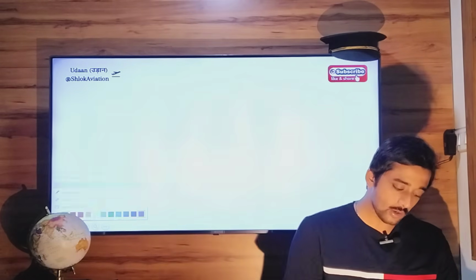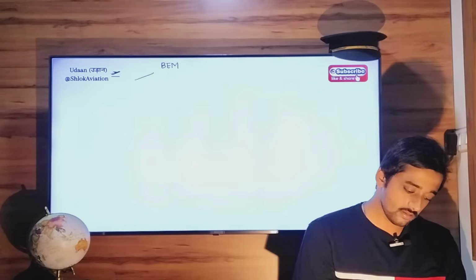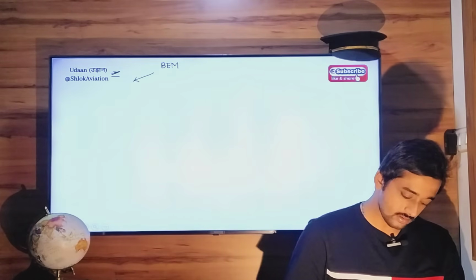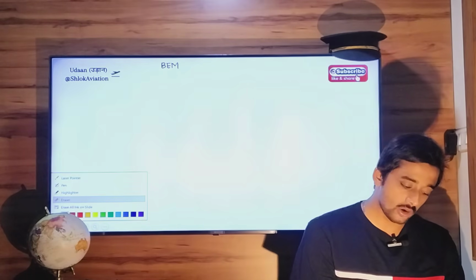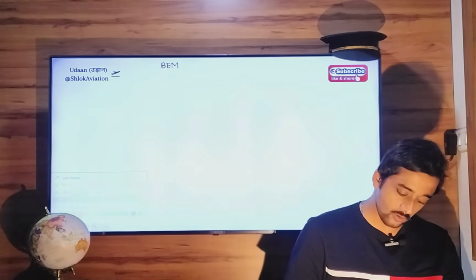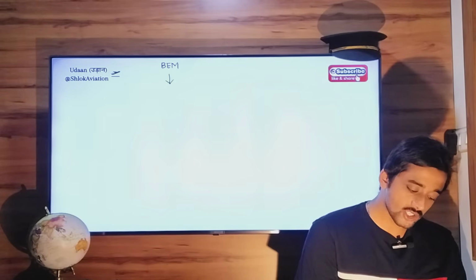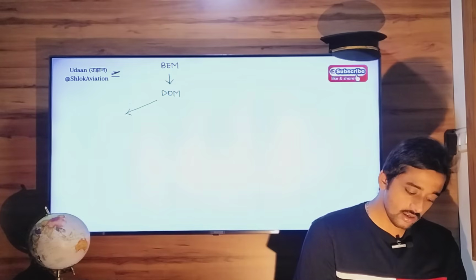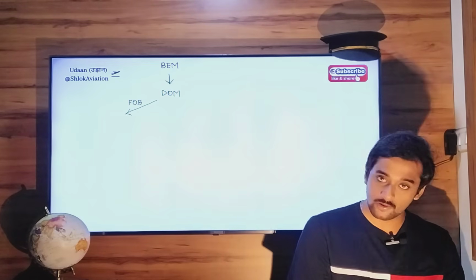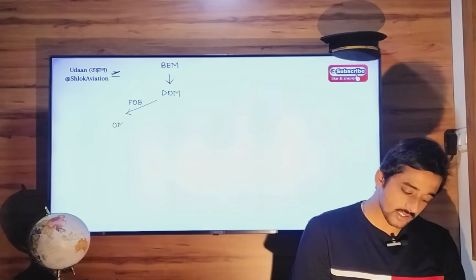So always remember, you begin from basic empty mass. Basic empty mass plus variable loads. What are variable loads? Crew baggage, crew, food, water. That gives you dry operating mass. Then dry operating mass plus fuel on board or takeoff fuel gives you operating mass.